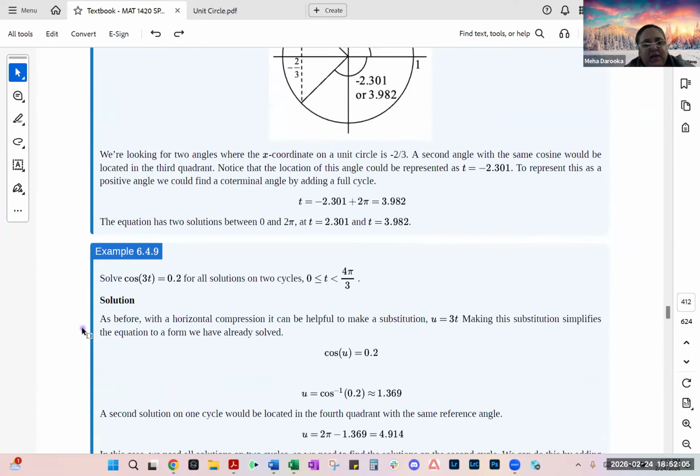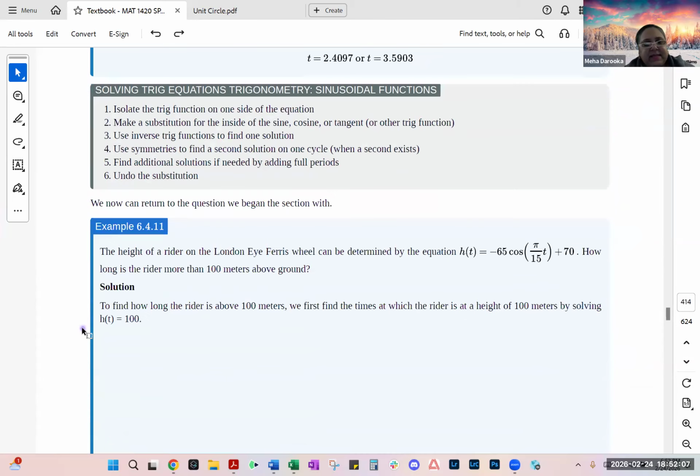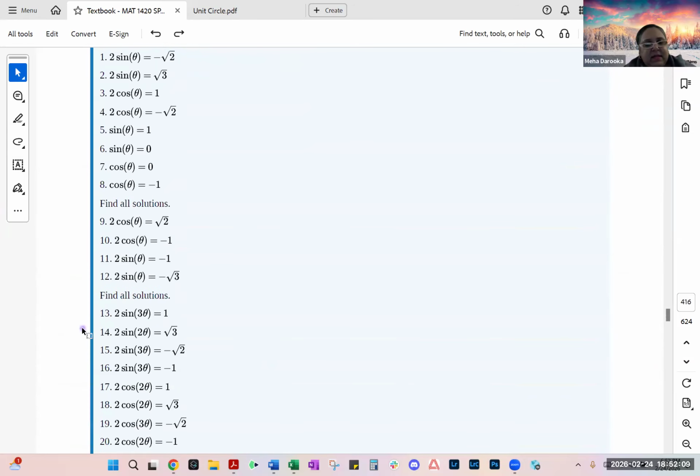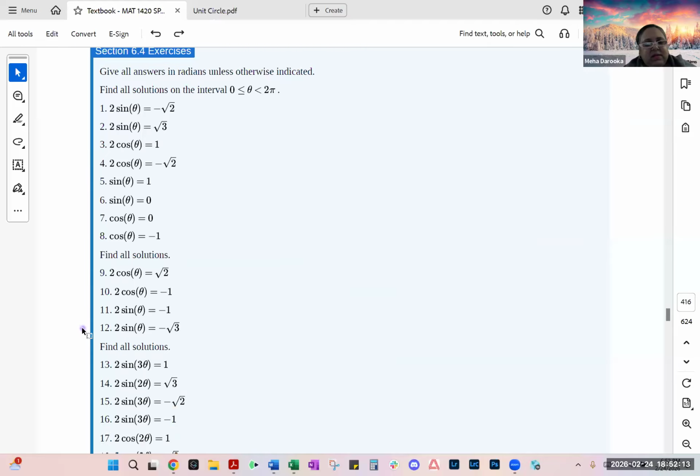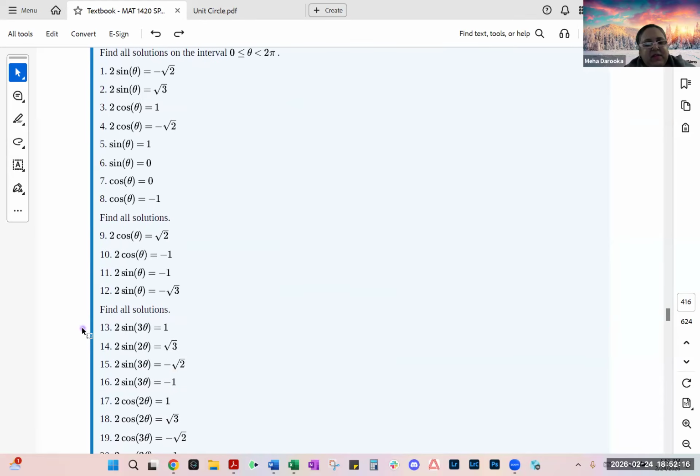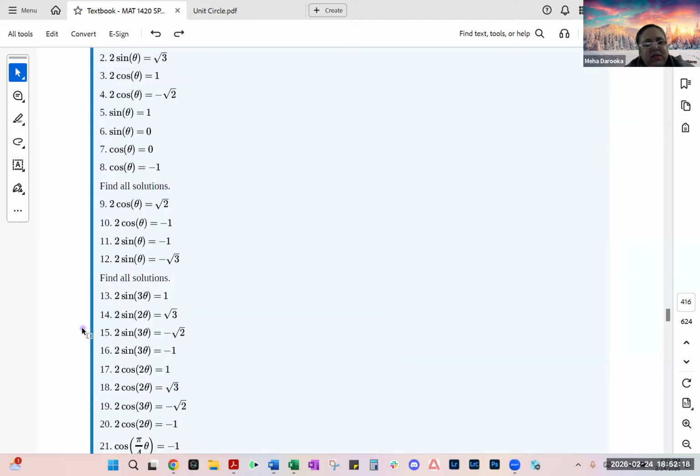Okay, let me see if we can find a similar example from our exercise. This is for a specific interval.